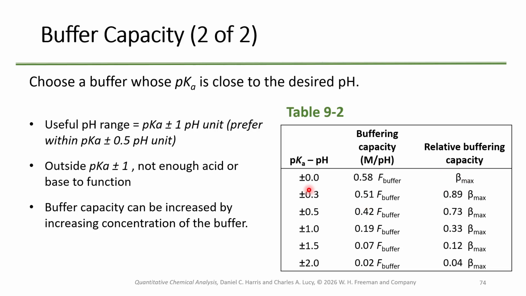If we start getting further away from that, look at what happens to our buffer capacity. If you go a full unit off, you're only at 0.33 of your possible buffer capacity, aren't you? So you've actually lost a tremendous amount of that buffer capacity just 1 pH unit off. 2 pH units off, you basically don't have any buffer capacity at all on one side.